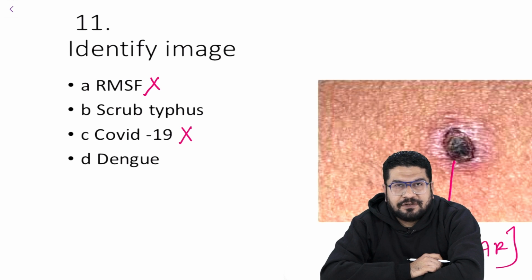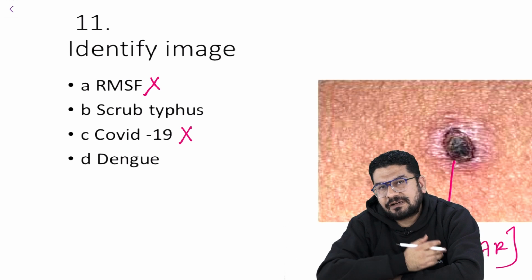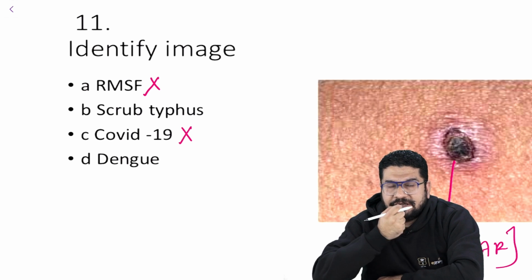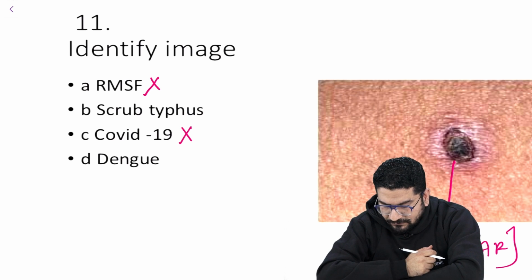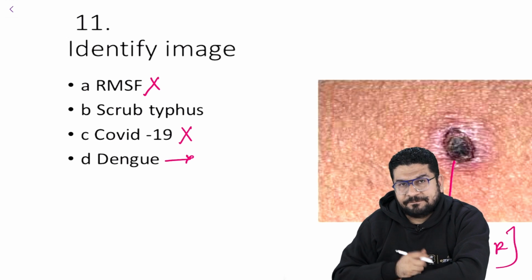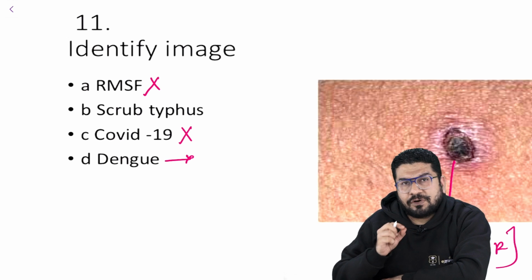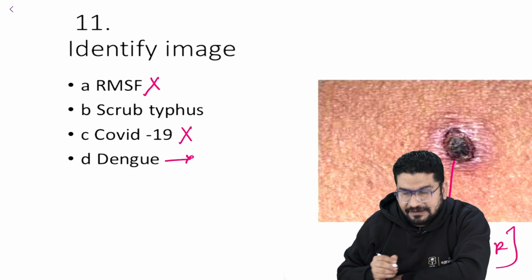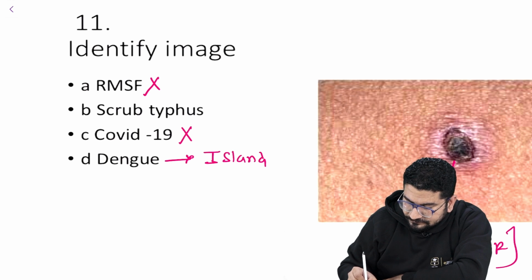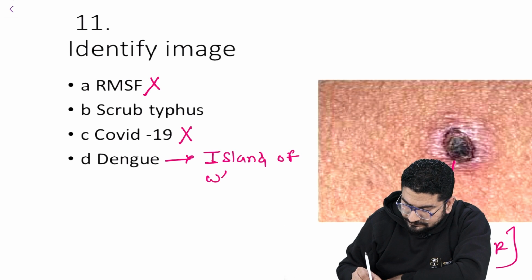If you talk about dengue, it causes a facial rash, where you can see some hyperpigmented deep rash in the area of the nose and cheeks. Or dengue can cause a purpuric rash in the skin. This rash will be a small bleeding or small petechial rash. We call this island of white in a sea of red.